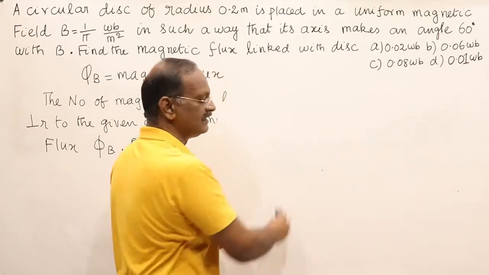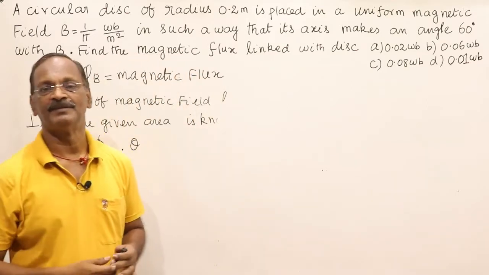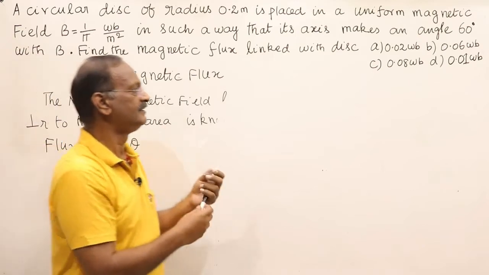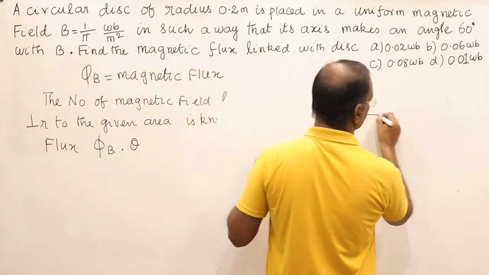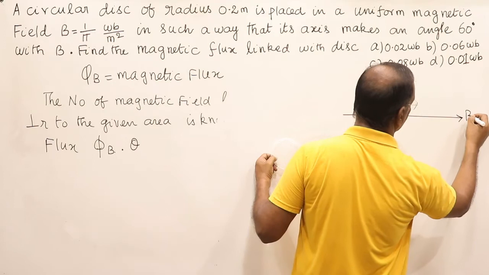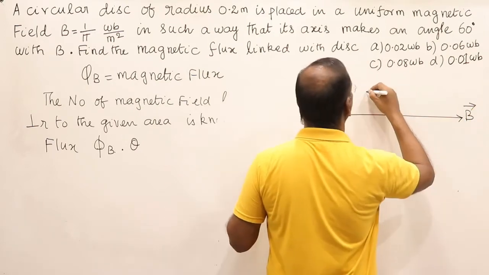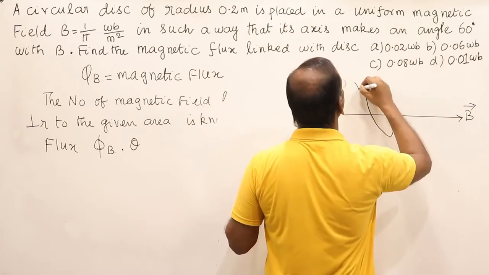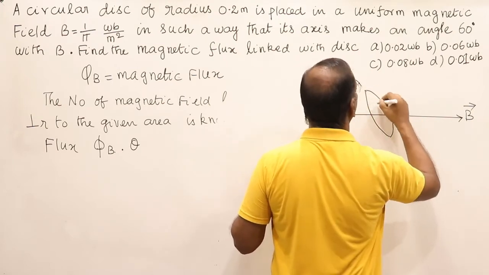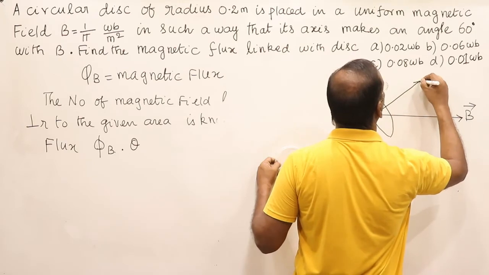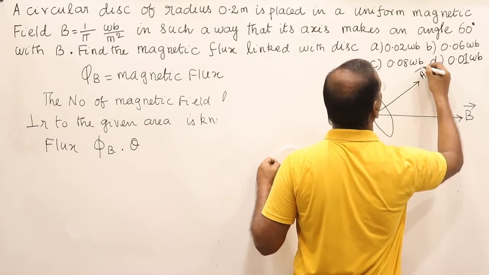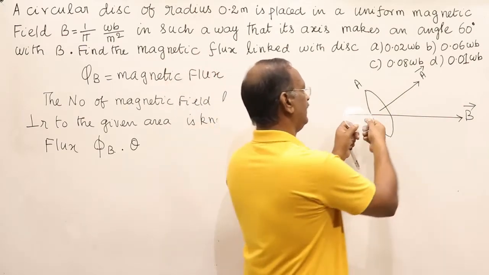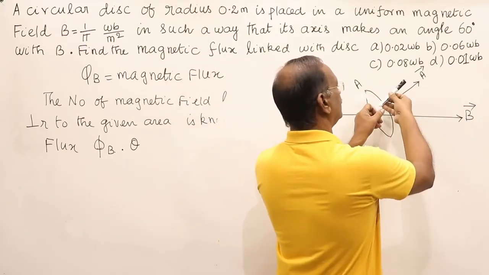Now suppose the surface is inclined at an angle. The magnetic field is this way, and we will take only one single line. This is the way the surface is inclined, this is its area, and this is its area vector, because the area vector is always perpendicular to the surface.